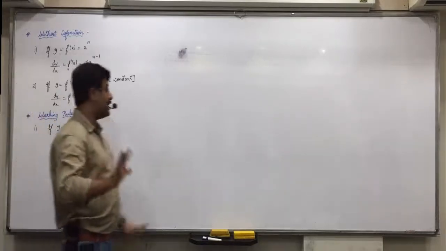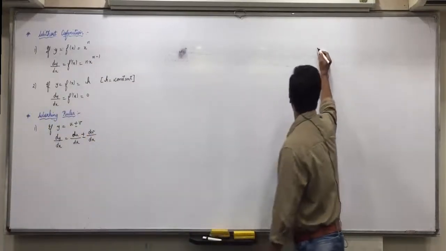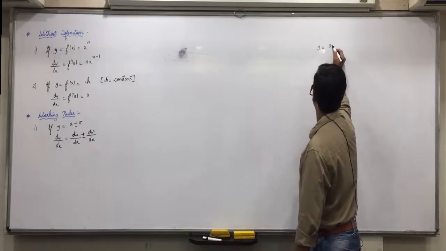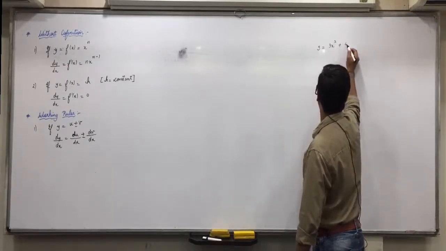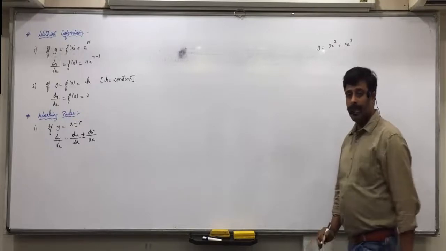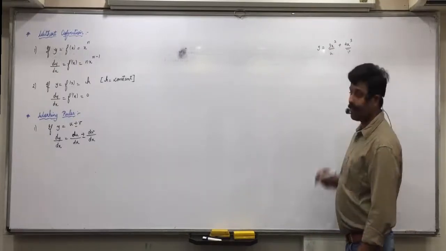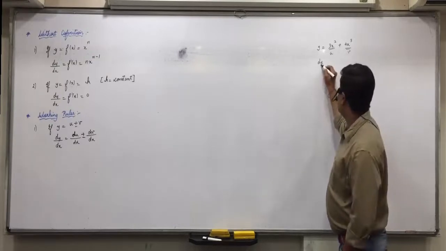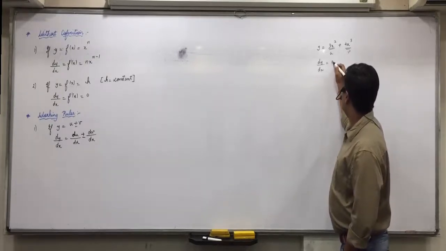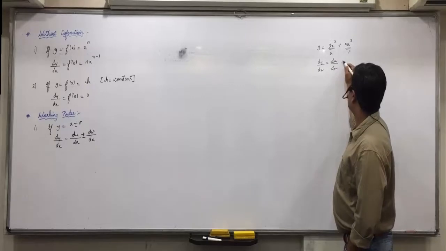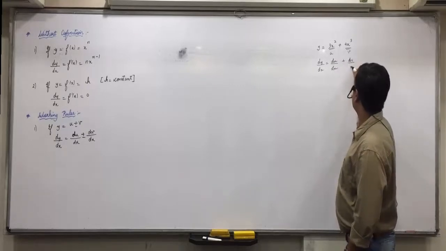Just to make you understand it, suppose y is equal to 3x square plus 4x cube. Then can I say this is u and this is v? So what will be dy by dx? du by dx plus dv by dx.